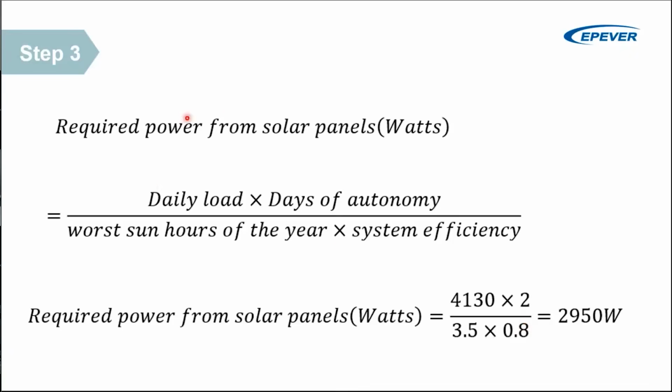So for this example, I have simply assumed that the efficiency of my total system, while converting from the solar DC watts to the DC power stored in the batteries, is 80%. So this indicates that I will need 2,950 watts of solar panels.